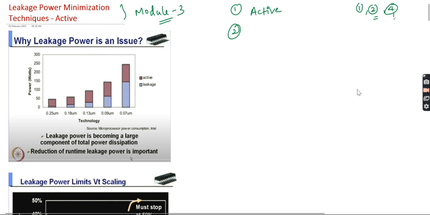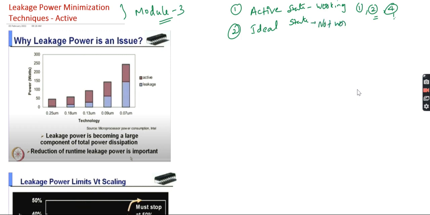The other is not active, or the idle state. Active state is when the circuit is working; idle is when the circuit is not working. These two scenarios we have to study. The first scenario we are going to study is when the circuit is in working condition, how we can minimize the leakage power, and what techniques are available.